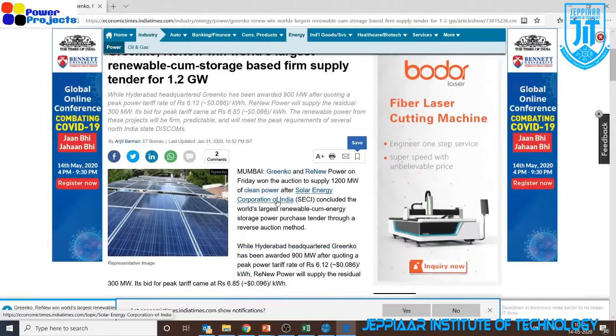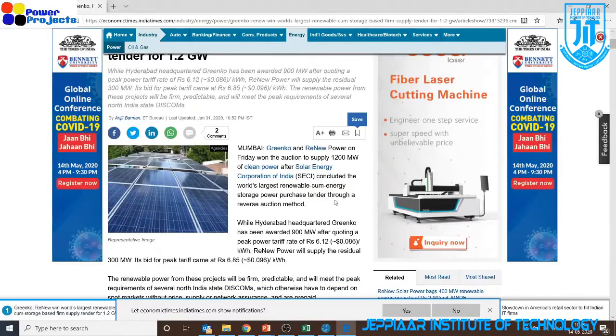Most of you may be aware, SECI, Solar Energy Corporation of India, announced 1200 megawatt. That is a firm power. Wind or solar is an infirm power, which may not be able to supply firm power. But this tender came up with providing a firm power at peak hours.